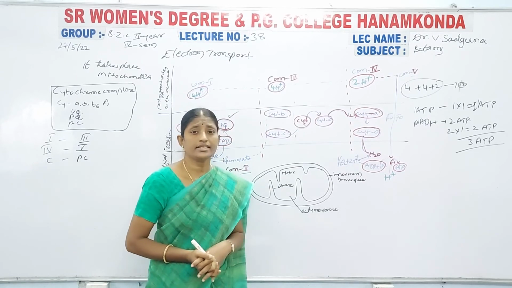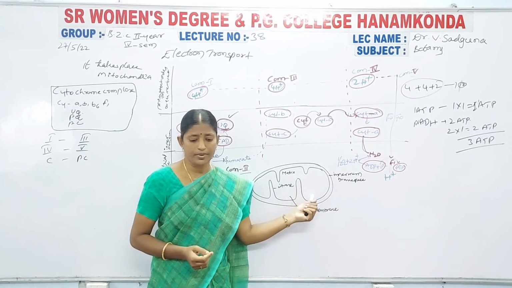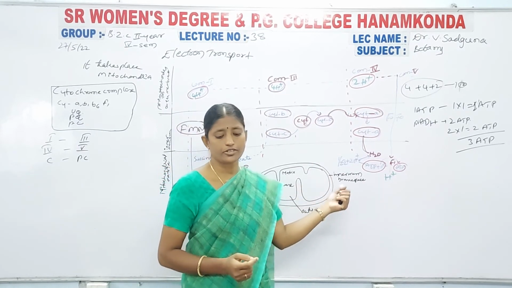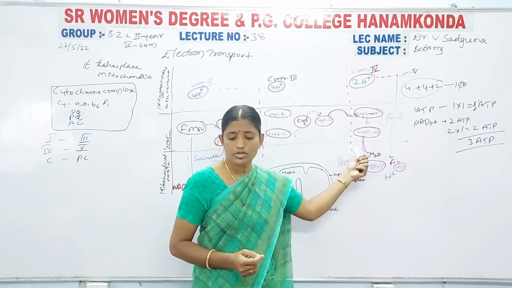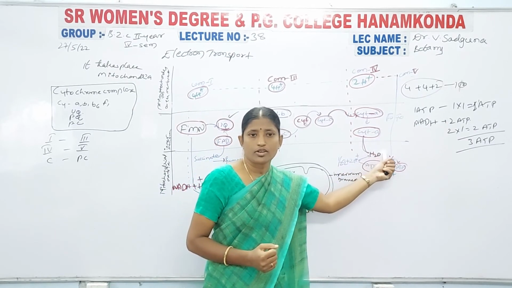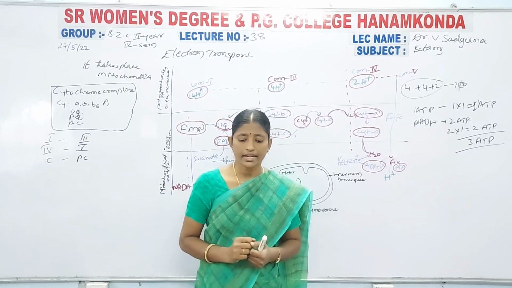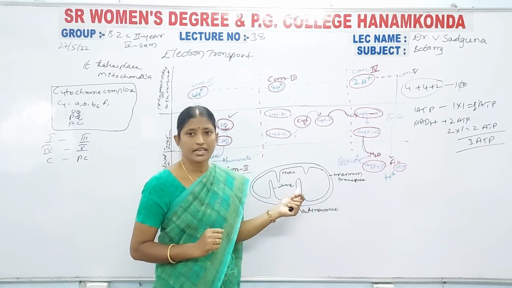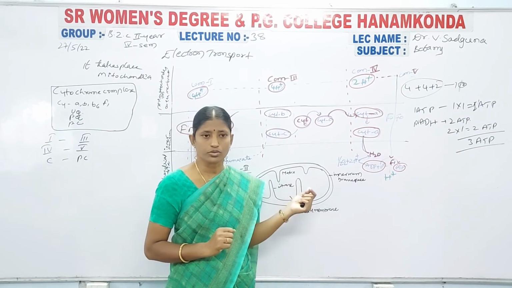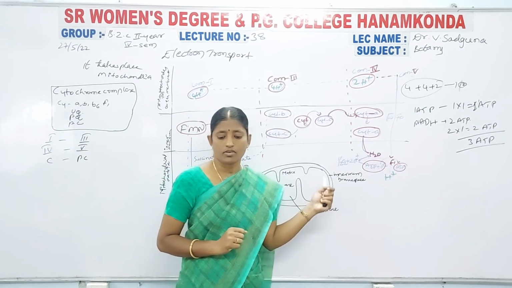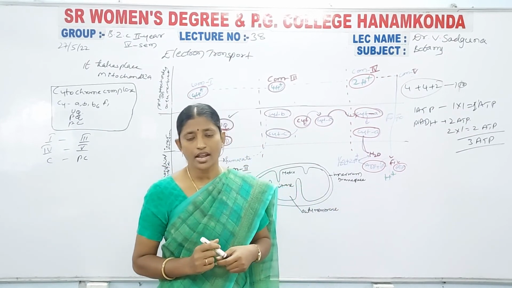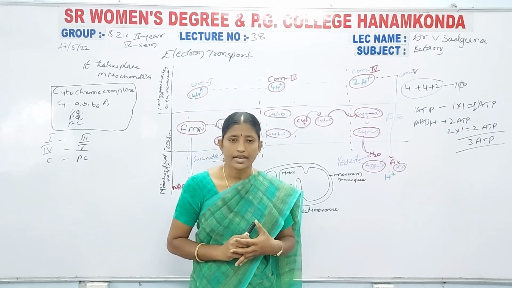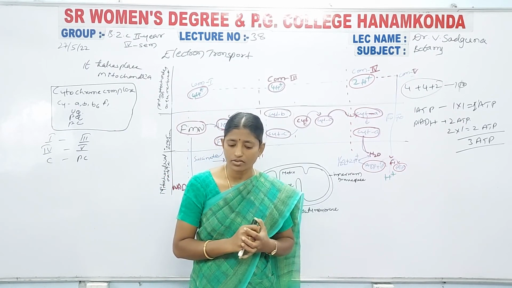So the synthesis of ATP in respiration is also associated with the consumption of the cytochromes. The electron transfer from the NADH or FADH2 to oxygen through the complete electron transport system results in a gradient.